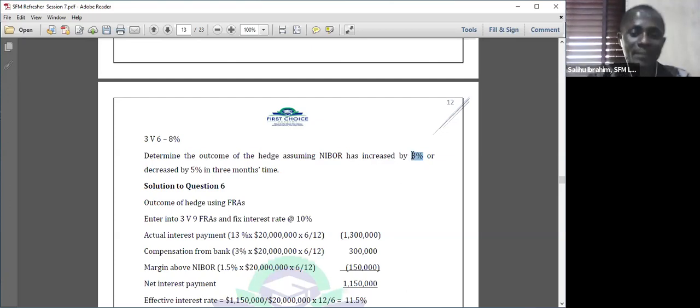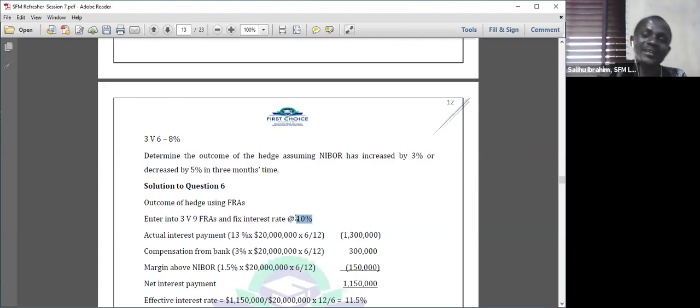But because I hedged and entered into a forward rate agreement to fix interest at 10%, after paying this amount, I will go to my bank and say, we have fixed interest at 10%. But eventually, I've been able to borrow at 13%. So it is above the agreed rate of 10%.